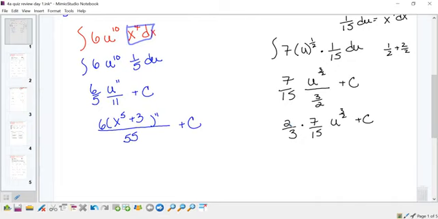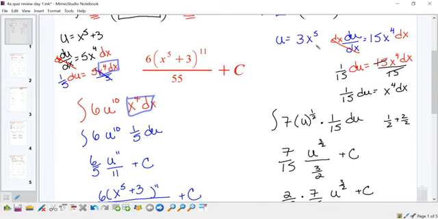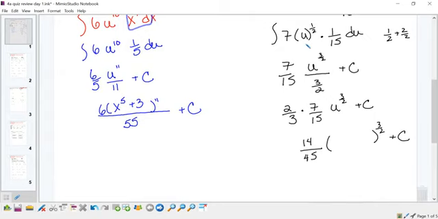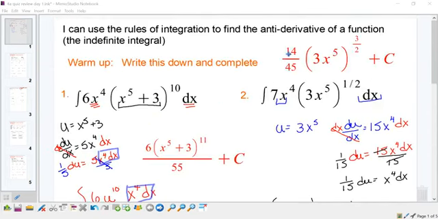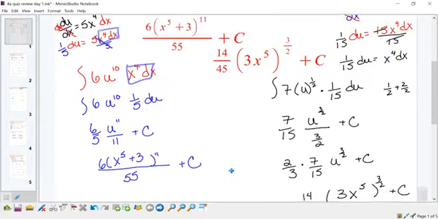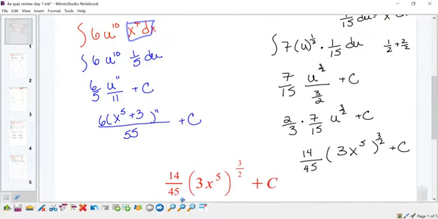Nothing here reduces, so I have 2 times 7, 3 times 15. I need my u function. I said u was 3x to the 5th. And there's our final answer. Let's see, does that match what I typed? Yep.